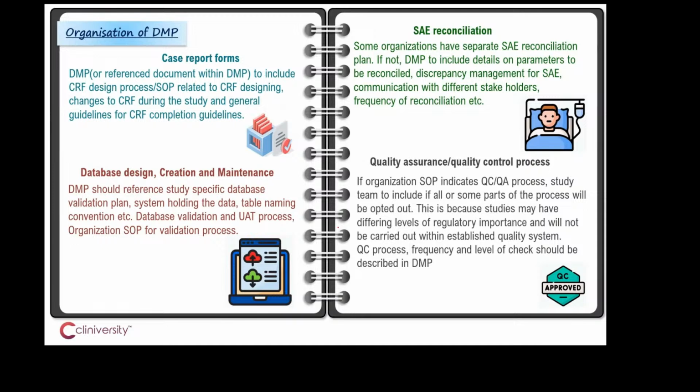Next is database design and creation and maintenance. So your DMP will refer to an in-depth study-specific database validation plan, and it will include a brief description of how the database is created and maintained. A description of the system that is holding the data and the table naming conventions.